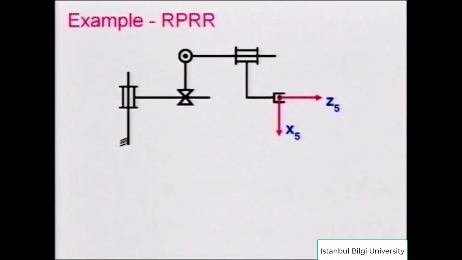So z1 is along the axis about which the first rotation takes place at joint 1. z2 is along the sliding direction. z3 is coming out of the plane. z4 is the axis about which the rotation at the fourth joint takes place. And there is basically no question that all of these are directly assigned very simply as dictated by the motions at the joints.